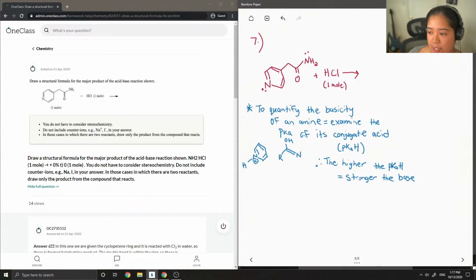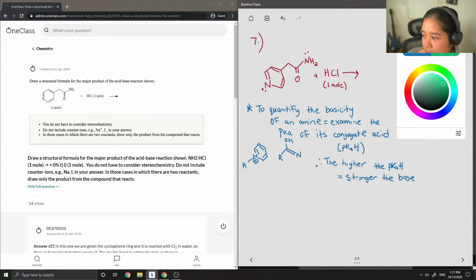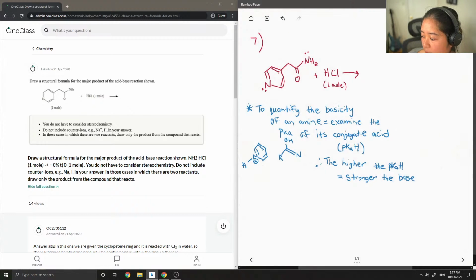So the stronger base will be able to deprotonate this 1 mole of HCl. Just to save us time, I looked up what the pKaH of these bases were. For this one, it was around 5.2.